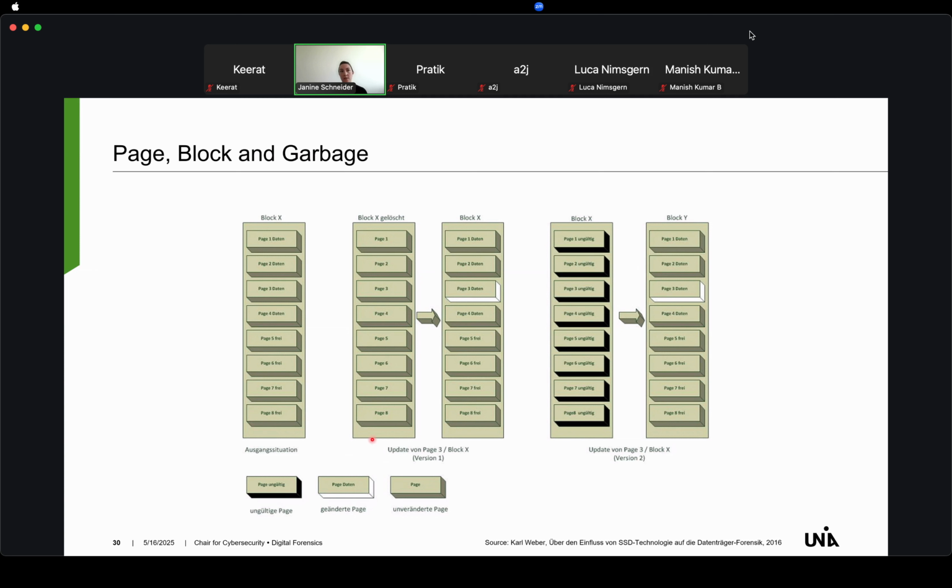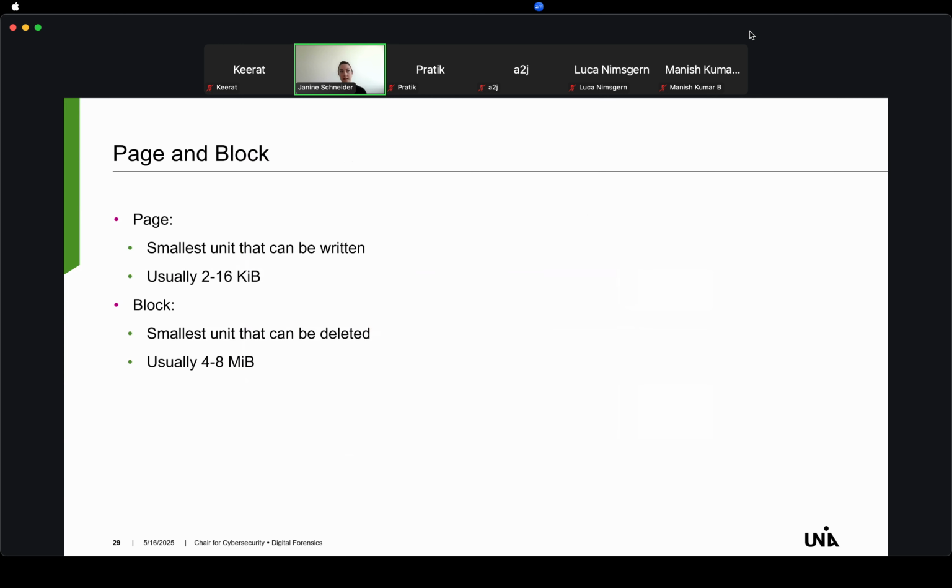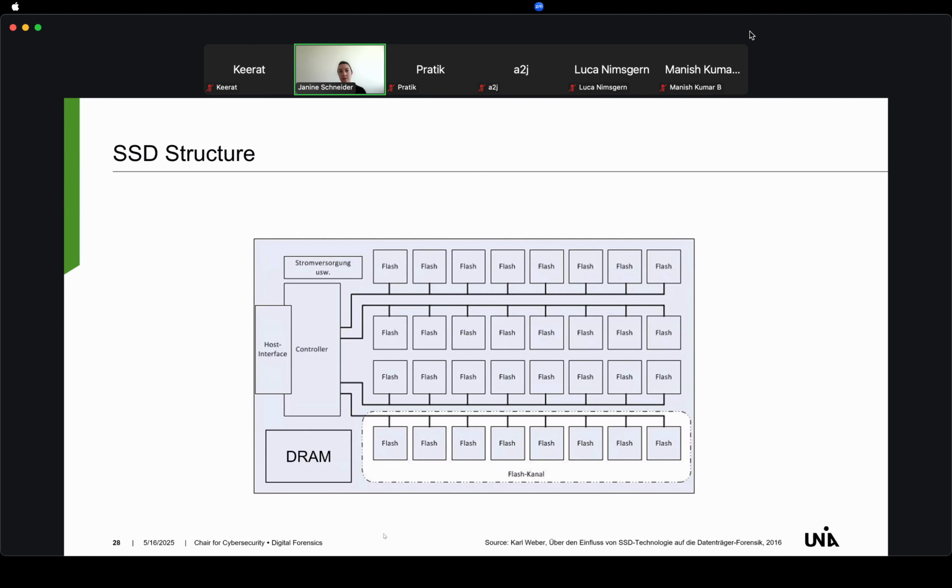The first strategy: we want to update one single page, page 3. In order to do so, we take the whole block and store it in a buffer, and that's why we need the DRAM here.